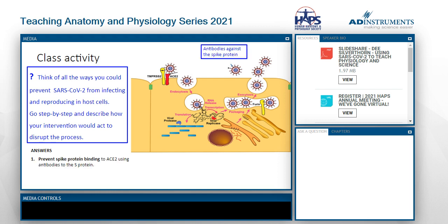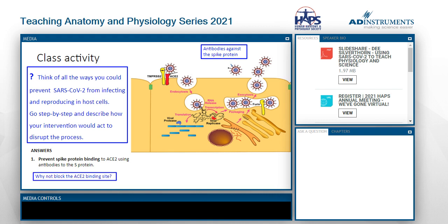So some of the answers that I would expect from them, one would be do something to keep the virus from binding to ACE2. And I think we now know that antibodies are going to be the answer, whether they're endogenous, produced by the body's own immune cells, or they are monoclonal antibodies produced as drugs, or even, as we've seen, the transfusion of plasma from people who've had the disease and have antibodies present.